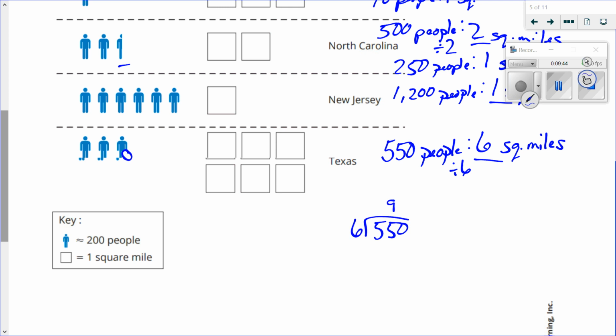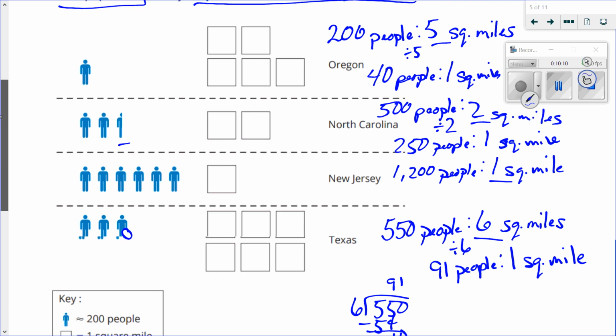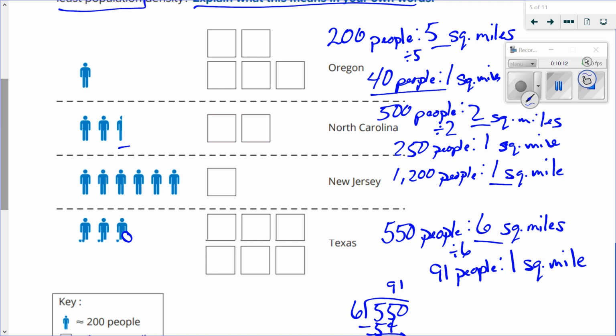That's going to be somewhere around 91 people per square mile. Once I have a common denominator, now I can actually compare my numbers, right? Does that make sense to everybody? Yes. So if I'm looking at them, which one had the highest number of people per square mile? New Jersey.